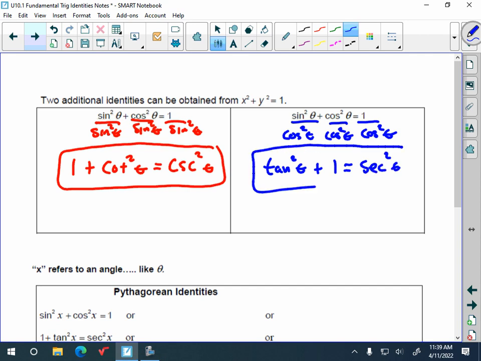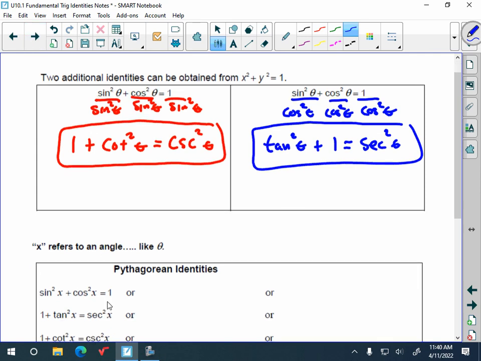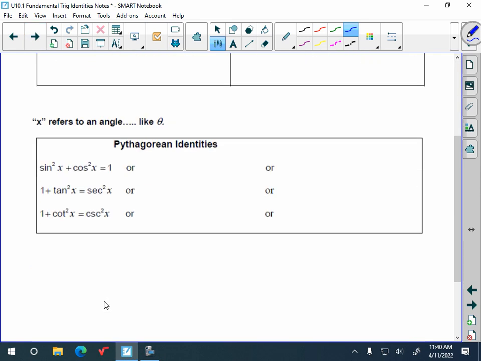So this gives me another one. I have all three of them listed here. These are the three main Pythagorean identities.